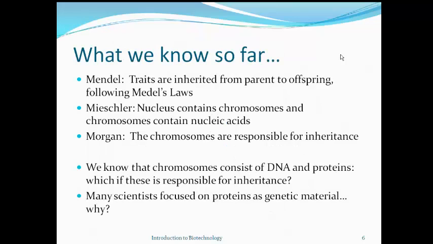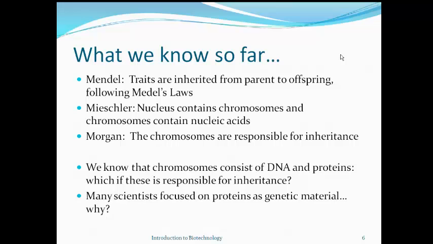So here's what we know so far. Mendel understood that traits are inherited from parents to offspring, following his laws. Miescher found that the nucleus contains chromosomes, and the chromosomes contain nucleic acids. And Morgan discovered the idea that chromosomes are responsible for inheritance. Okay?